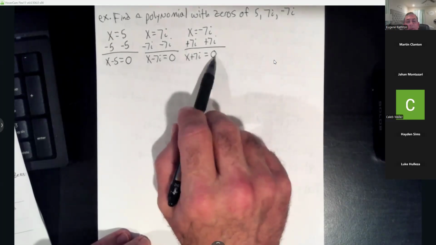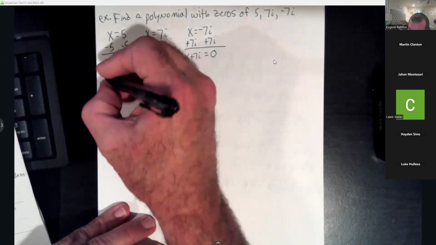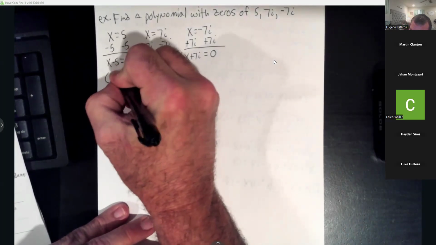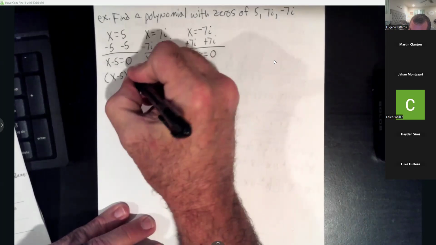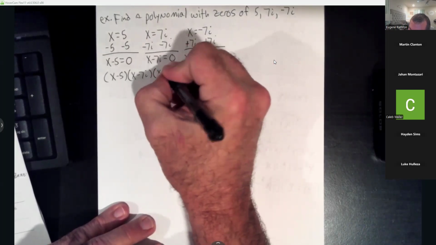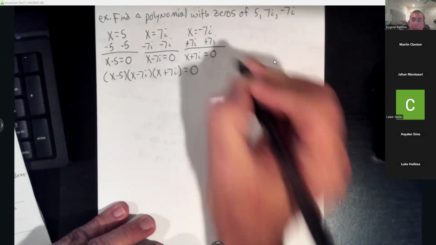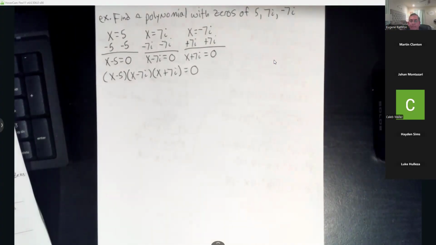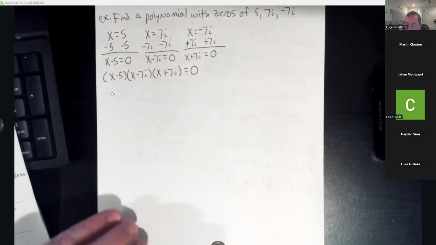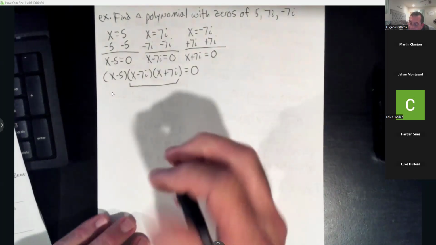All right, now since I got zeros on the right side, I'm going to put all these binomials inside parentheses: x minus 5 times x minus 7i times x plus 7i, and set all of them equal to 0. When you got imaginary zeros like this, that's the first thing you want to multiply no matter what.